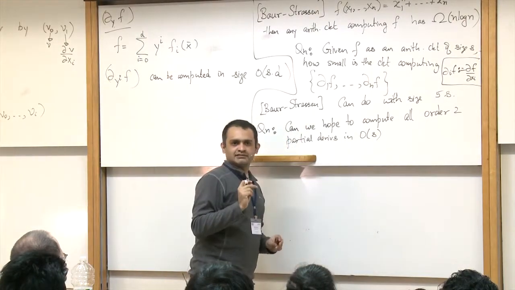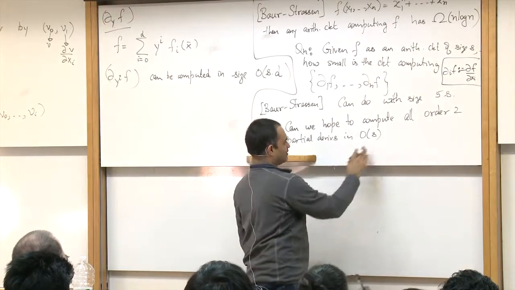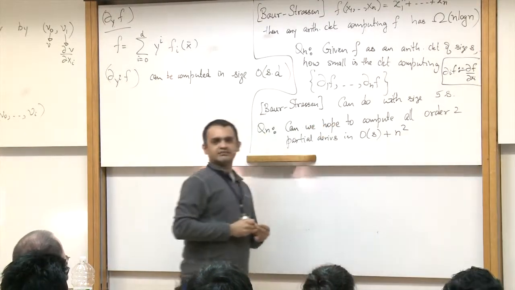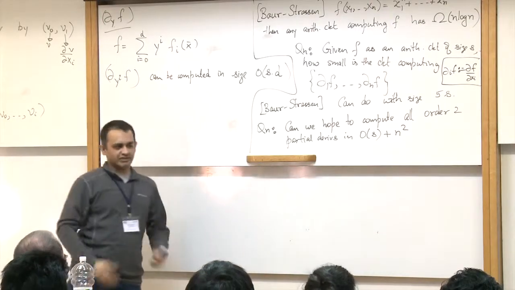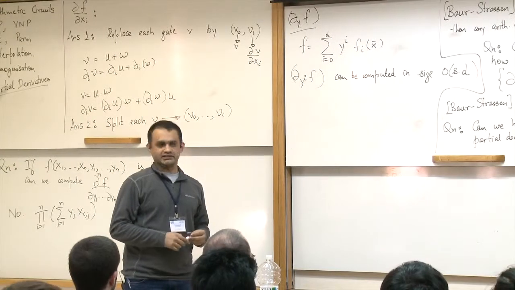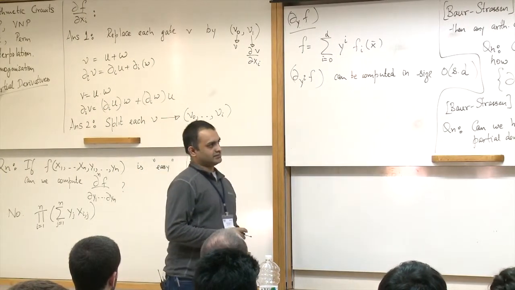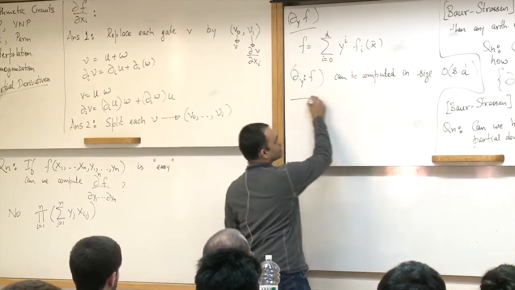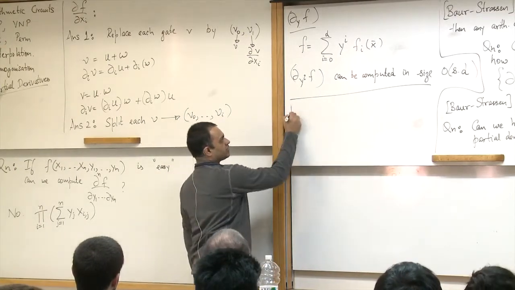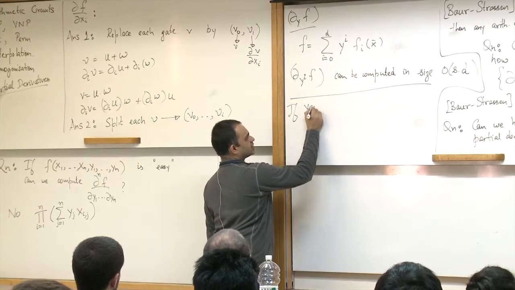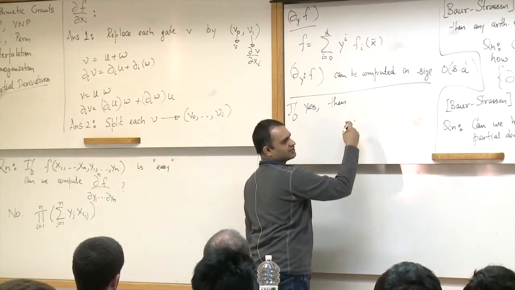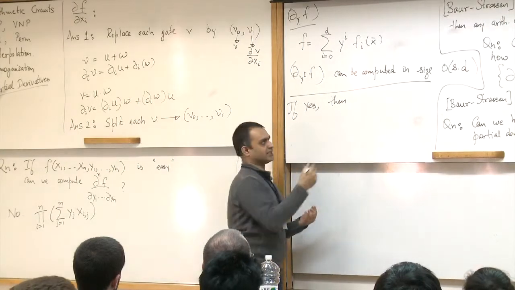Now this is not fair. Let's say order s plus n squared, because you need n squared outputs. Okay, fine, I'll give you n squared for free. But can you do this with just order s? Suppose you could. If yes, then you have a really small circuit for matrix multiplication.